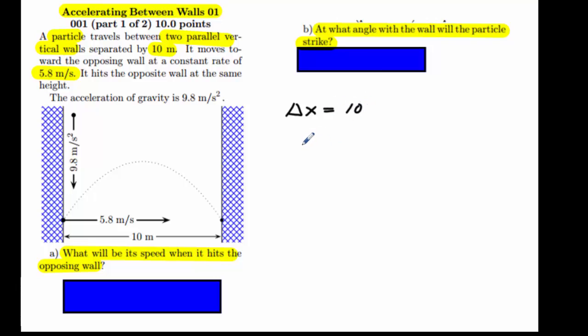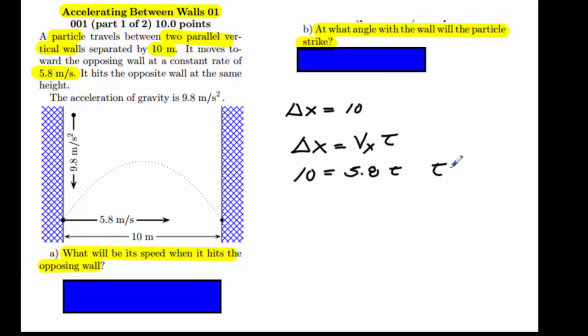Now we know from our kinematic equations that we have no acceleration here. So we can just say delta x is equal to our velocity in the x direction times our time. The first thing you can do is find out how long it's going to take to go from here to here. So we put our numbers in: 10 is equal to 5.8 times t.